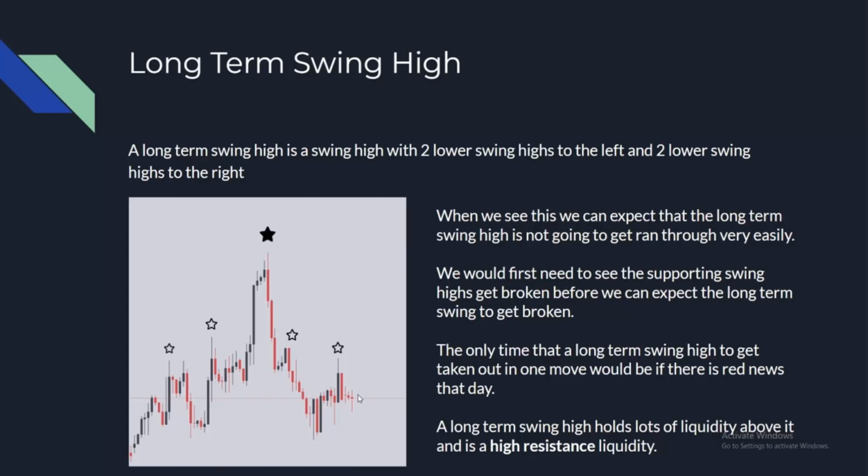When realistically it would be easier for price just to trade down and take out the liquidity resting here. And that's called high resistance versus low resistance liquidity. And this is all going to be explained later in this course. I'm just putting the idea in your head from now, so when it's time to actually learn it, you already have an idea of what I'm referring to.